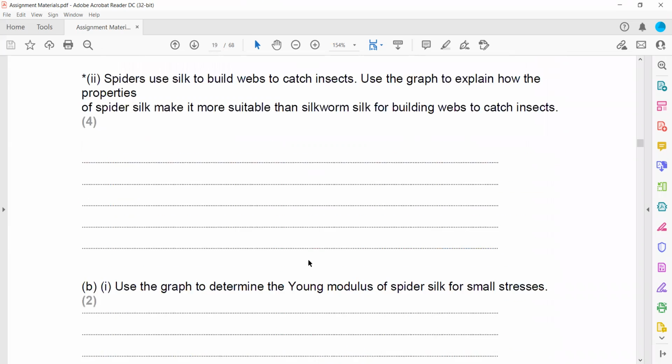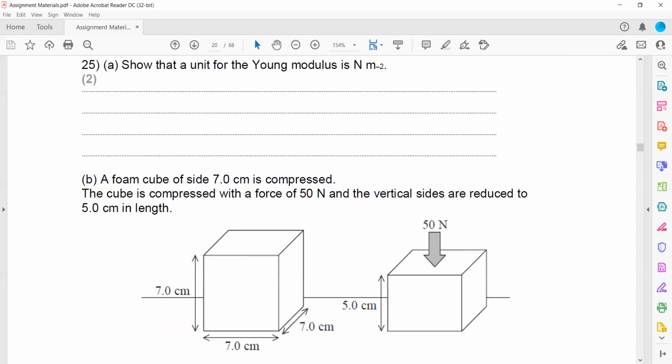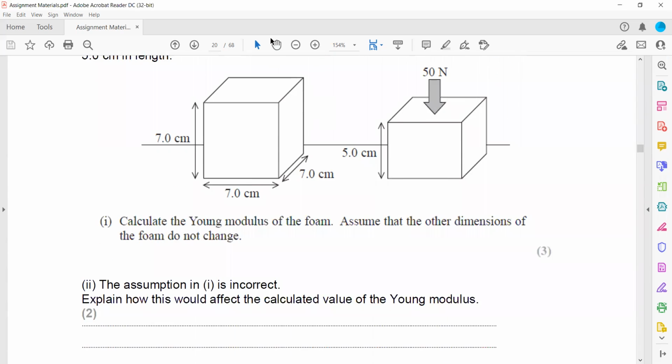So basically what happened, the area is not constant. When we compress something, the area starts to increase.